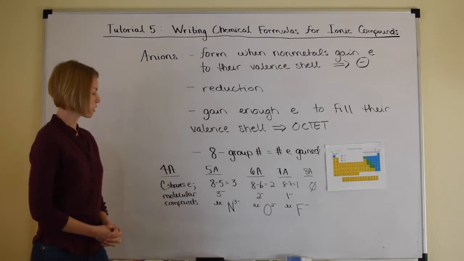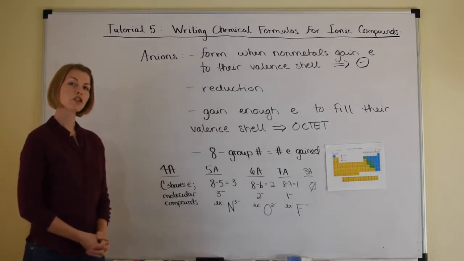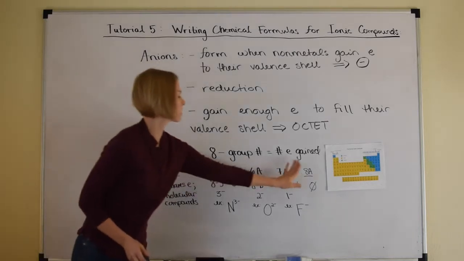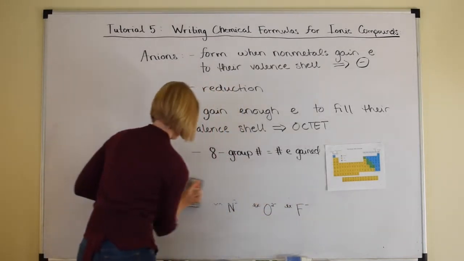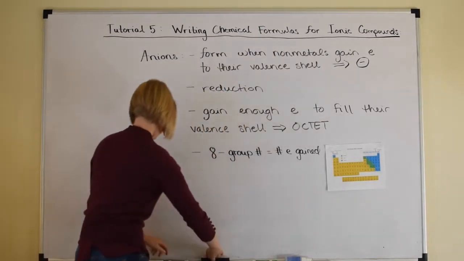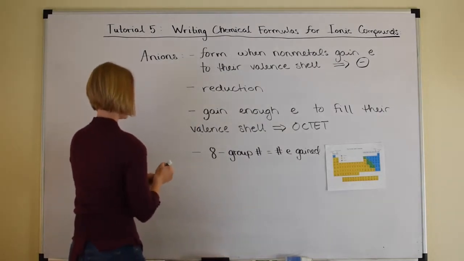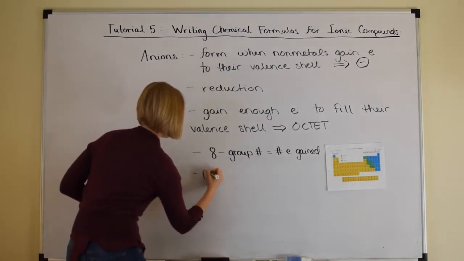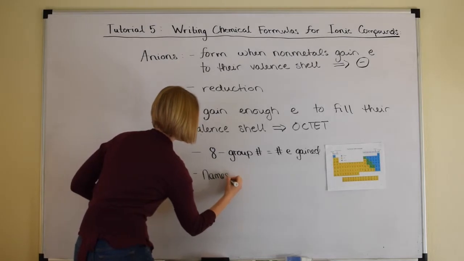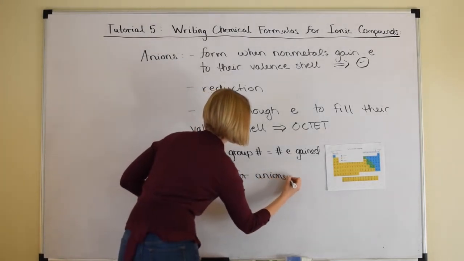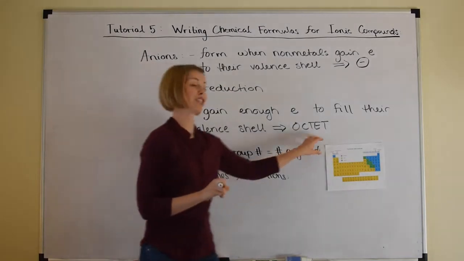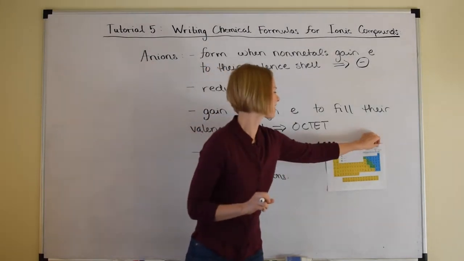Okay, so let's go on to naming your anions. So I'm just going to erase this little bit of information down here so that I have a little more room. And we'll squeak it in right here. Names for anions. A little bit more difficult than your cations, okay?